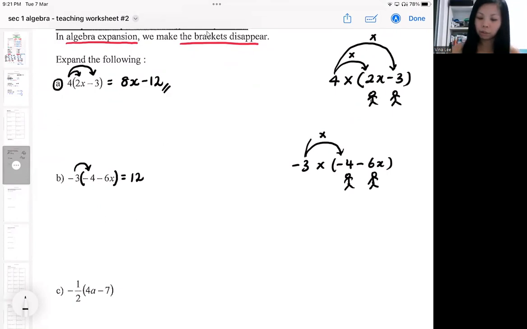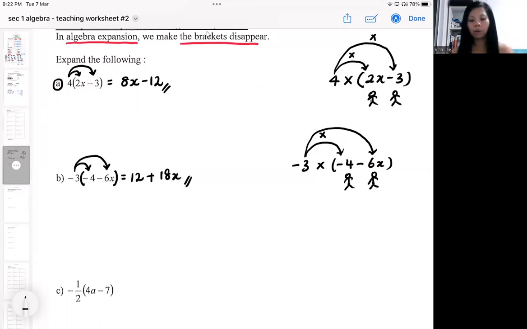Then you distribute to the second person: minus 3 times minus 6x. If you are still confused about negatives at the moment, you will make sign errors. So negative 3 distributed to negative 6x, you get positive 18x. Each arrow represents a multiplication.